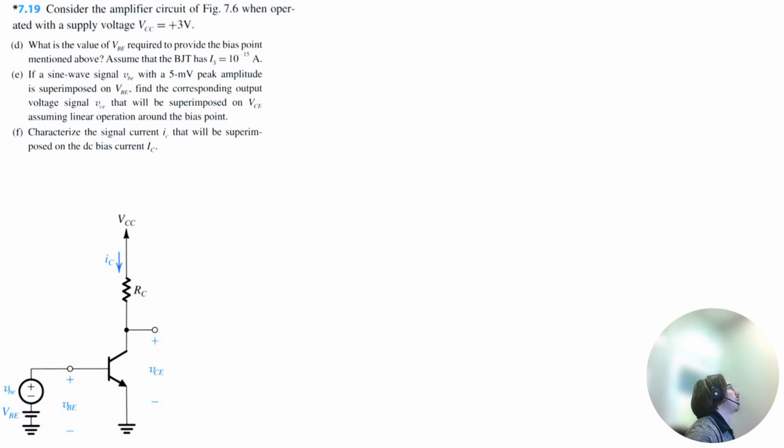All right, let's keep going with part D. What is the value of VBE required to provide the bias point mentioned above, which was IC equaling 0.5 milliamps? Assume that the BJT has I sub s equal to 10 to the negative 15 amps.